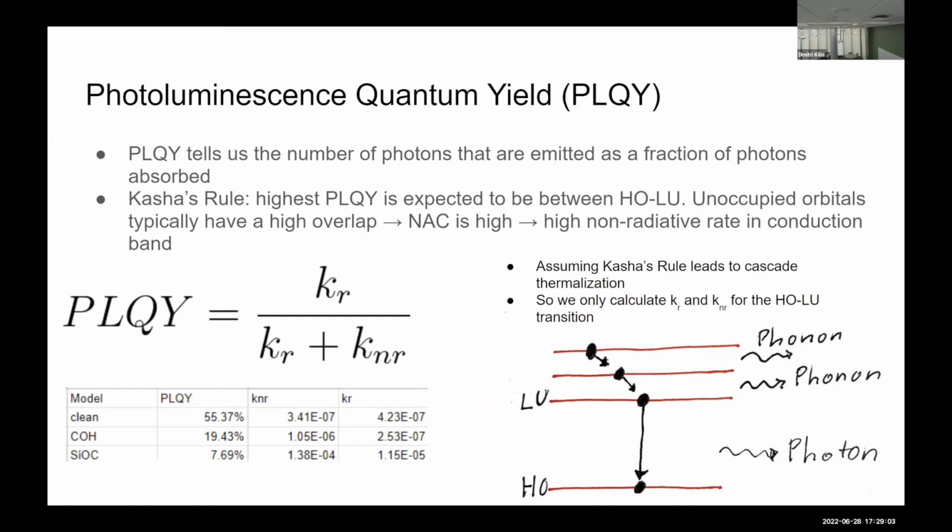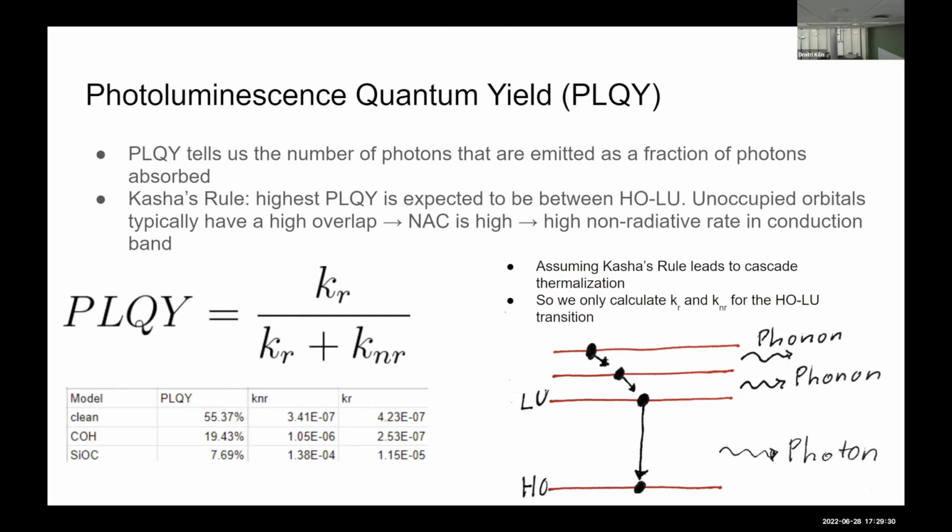The big assumption that we make when we're calculating this is called Kasha's rule, which down in the bottom corner is a good explanation of it. We assume that if you have an electron go to a very high excited state, far above the LUMO, it will descend to the LUMO state just releasing phonons, so non-radiatively.